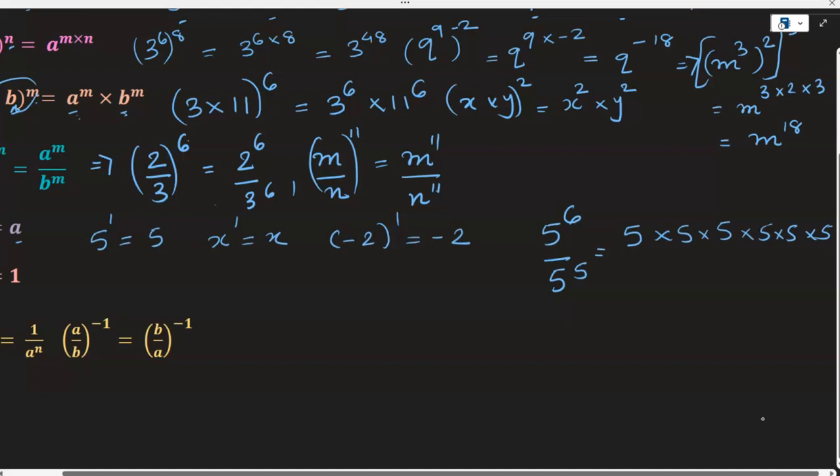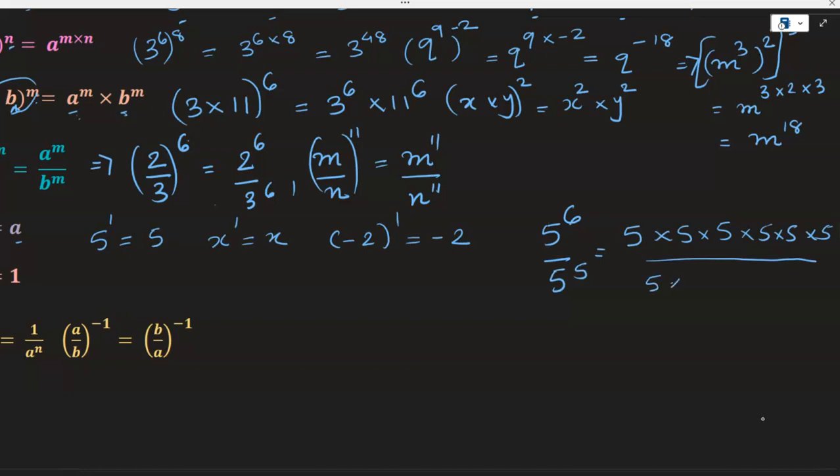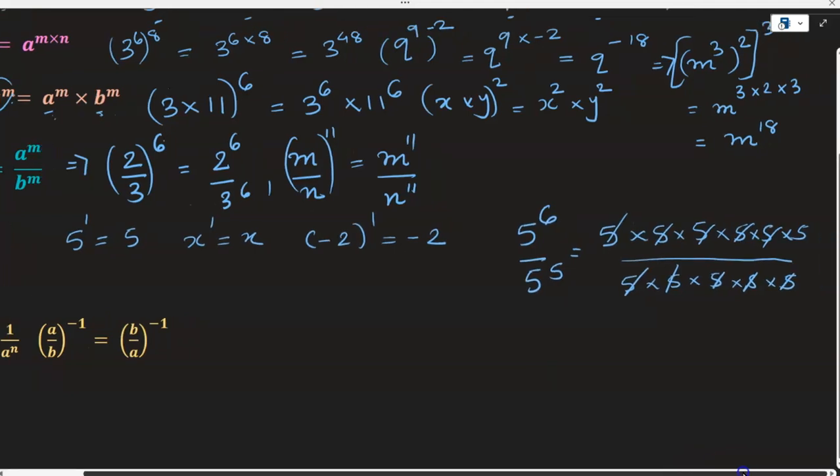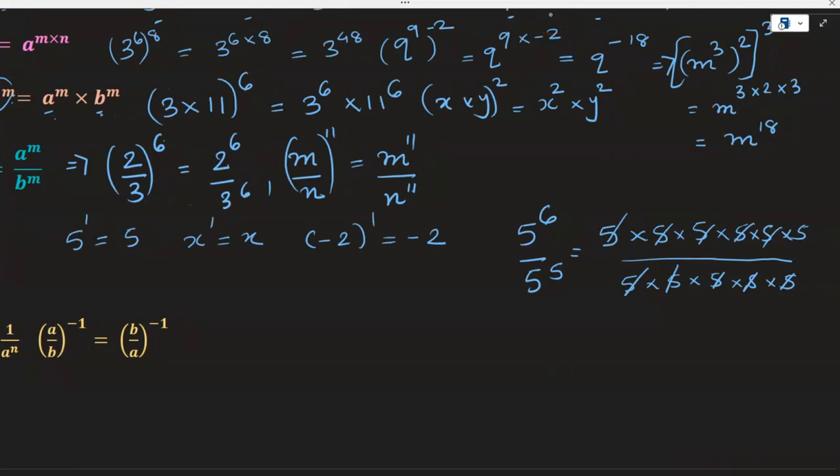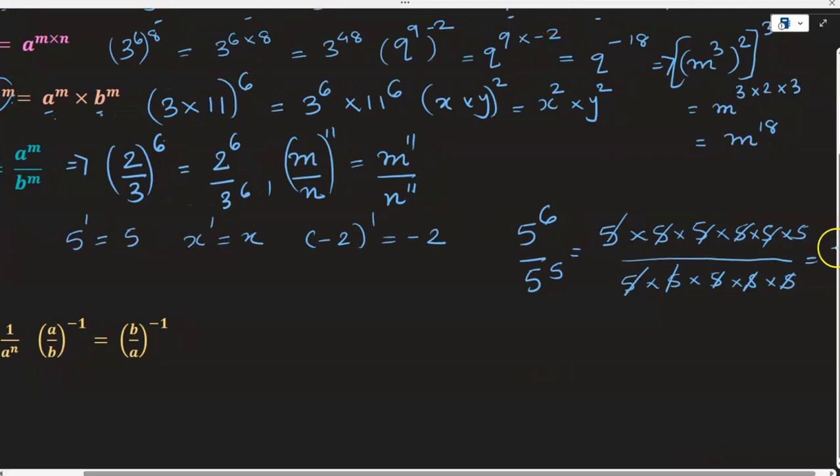And 5 to the power 5 is nothing but 5 into 5 into 5 into 5 into 5, that is, 5 multiplied 5 times. Now you can cancel the common factor 5 with each other, and you are left with one 5, so the final value will be 5.